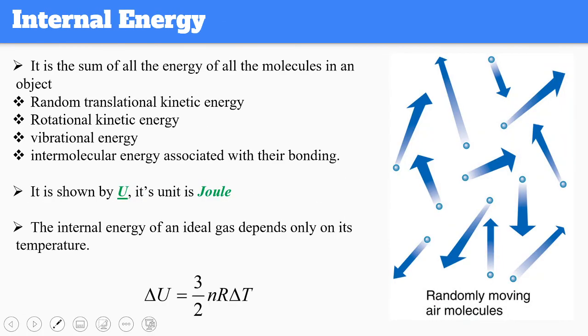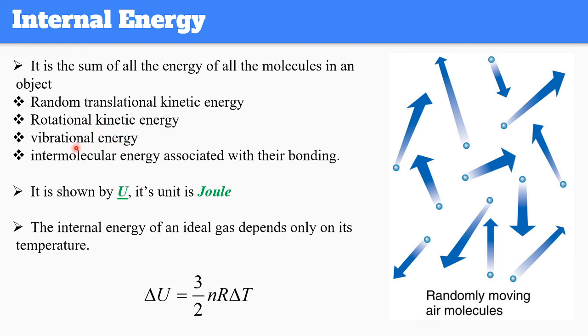Internal energy. What's internal energy? It is basically the total energy an object has, and it is basically all forms of energy that we can have. So in materials, molecules are moving, so we are going to have some translational kinetic energy. And objects are also rotating, so we're going to have some rotational kinetic energy.